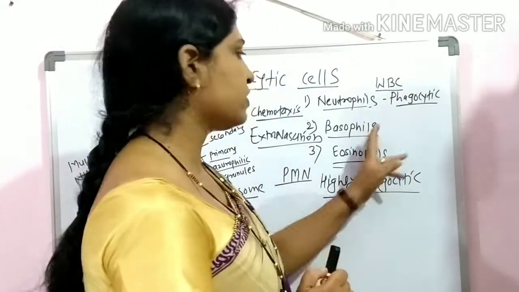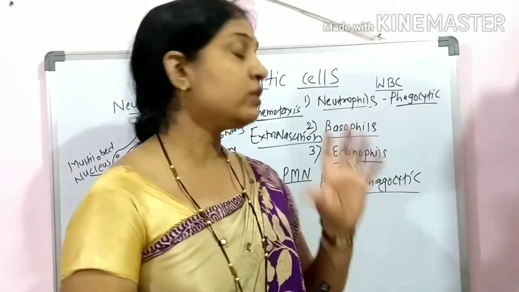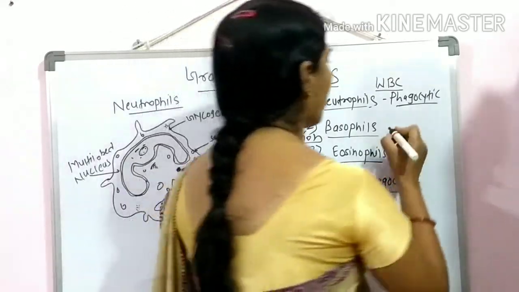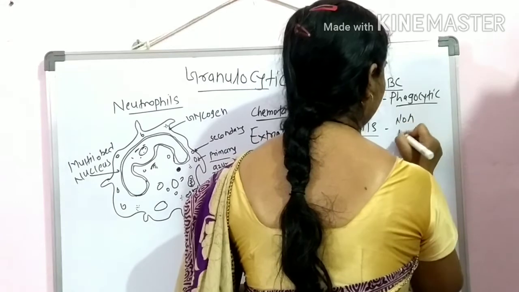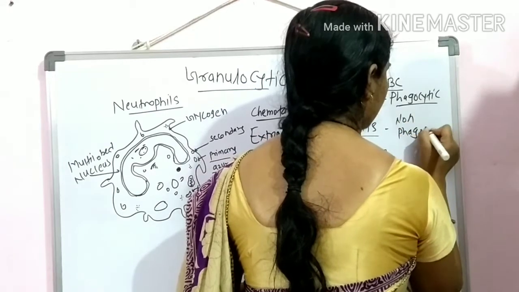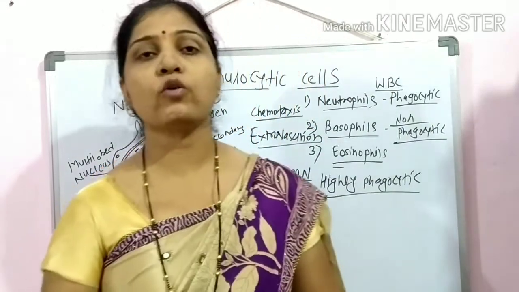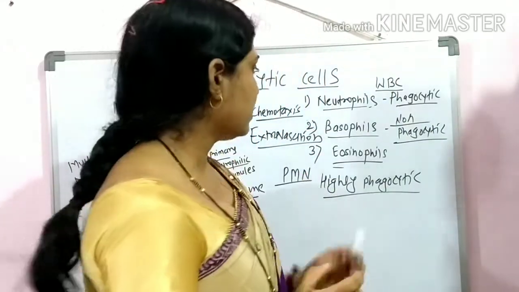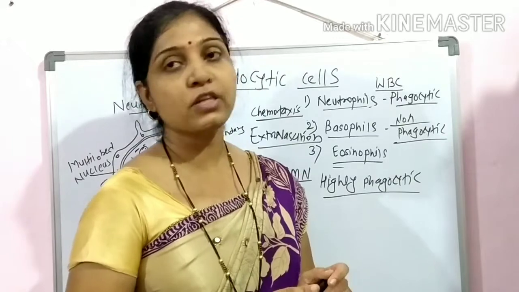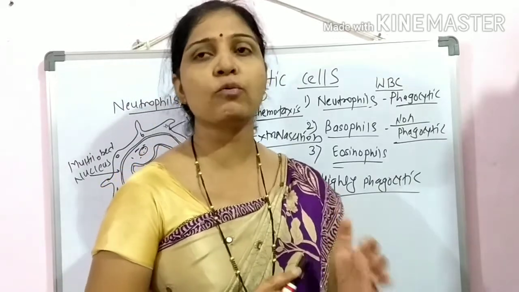Now the second one is the basophils. These basophils are non-phagocytic cells. They are stained by the basic dye, methylene blue, and they have a bilobed nucleus.